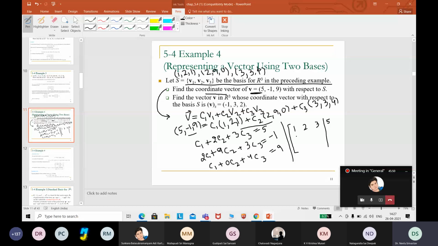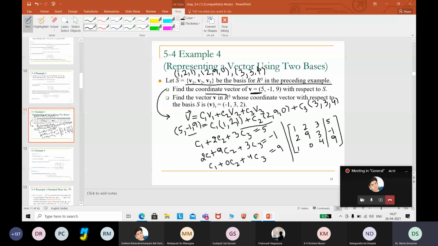If I write the augmented matrix, the elements will go outside the region where I will not be able to write anything. 1, 0, 4 and 9. Now you implement. Because they want you to find C1, C2, C3, you need not check whether it is a basis or not.